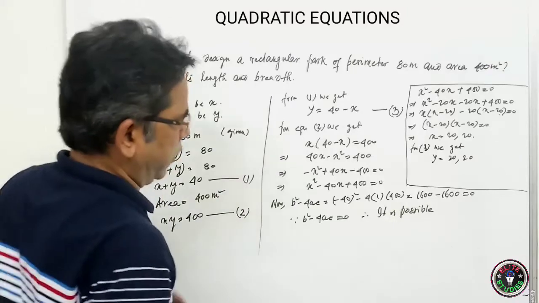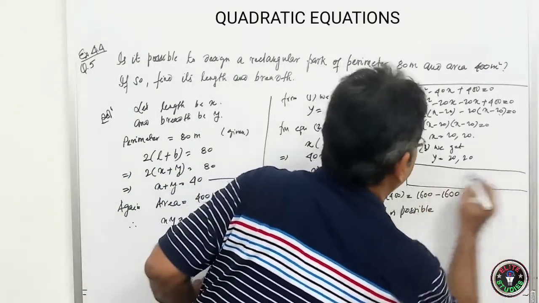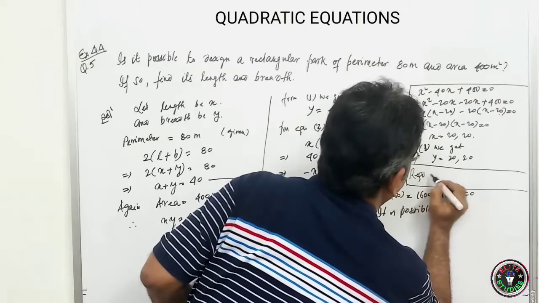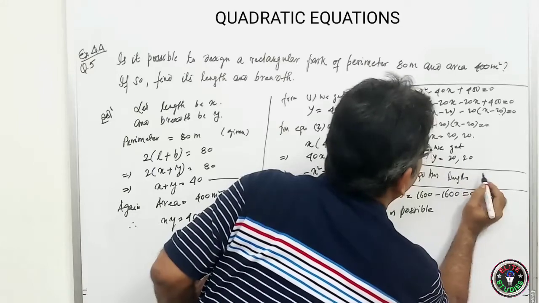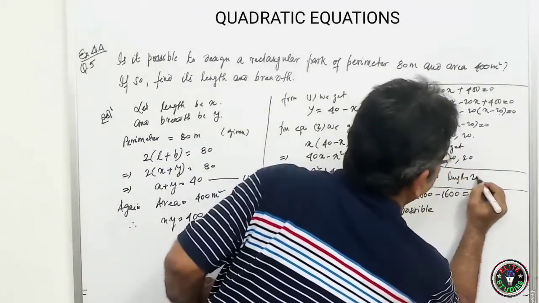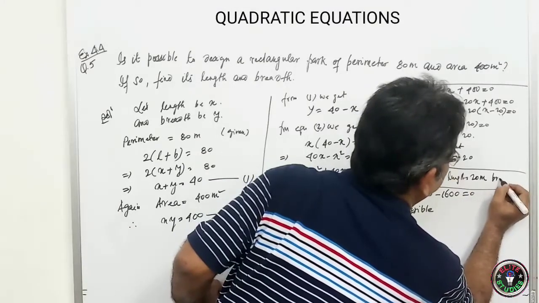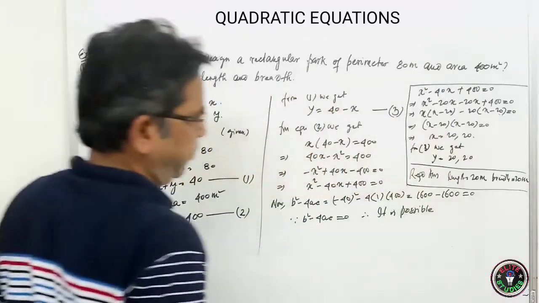So therefore required answer: length is equal to 20 meter, breadth is equal to 20 meter.